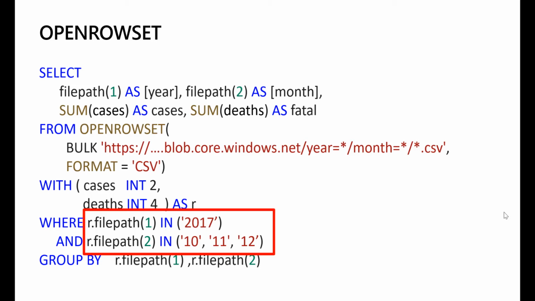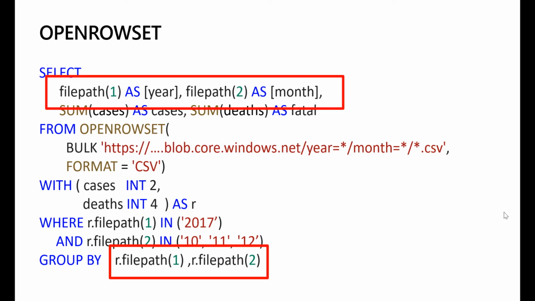So in this case, it will actually read only files from the folder year equal 2017, and it will read data from folders month equal 10, month equal 11, and month equal 12. This partition elimination based on wildcards and file path is a very important optimization technique because OPENROWSET will read less data if you specify what subfolders it needs to read.